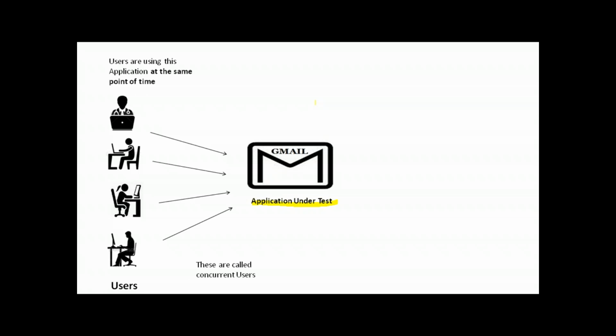Now, let's say right now the time in India, these classes are being held from India, right? So in India, it's 7:41 a.m. I hope you are able to see that. At this point of time, for the Gmail application, is there only one person using it, or might a lot of people be using this application?